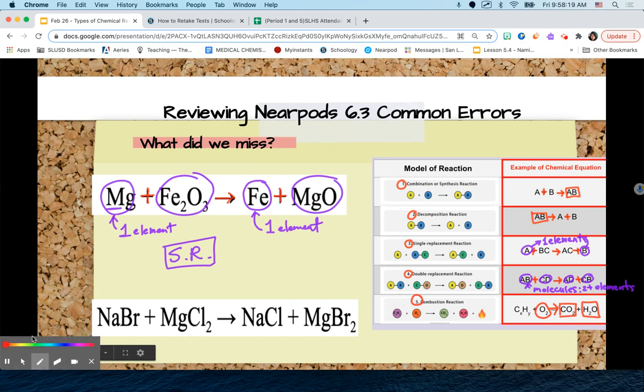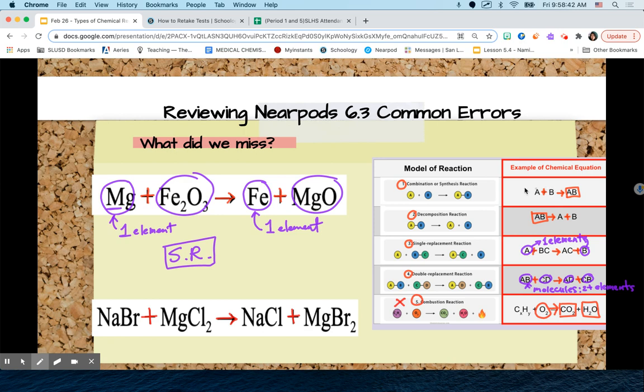Okay. So first, let me check to see if it is a combustion reaction. Do I see CO2 and H2O after the arrow? No, I do not. So I know it can't be this one. I also notice that there is a plus sign before the arrow, and a plus sign after the arrow.